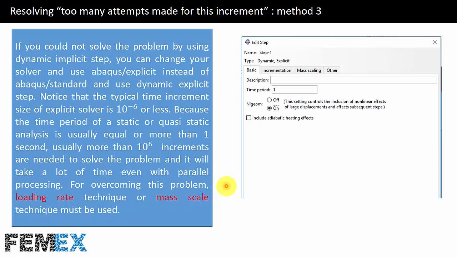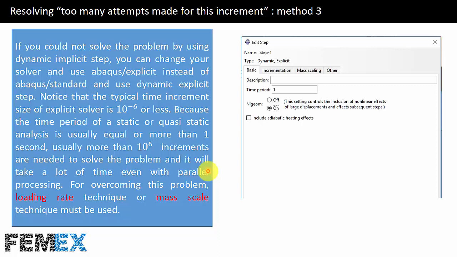Notice that you can use dynamic explicit step or Abaqus explicit solver for solving quasi-static or static problems that are very non-linear.